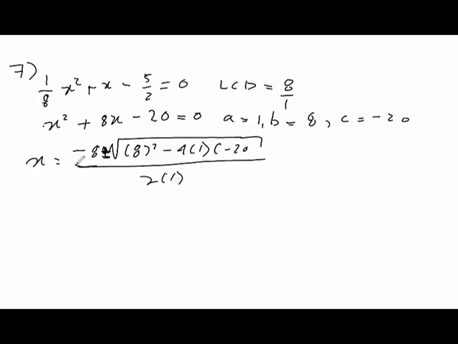And remember, we have to put everything, this part and this part, over 2 times A, or in this case, 2 times 1. So then we proceed to solve it.